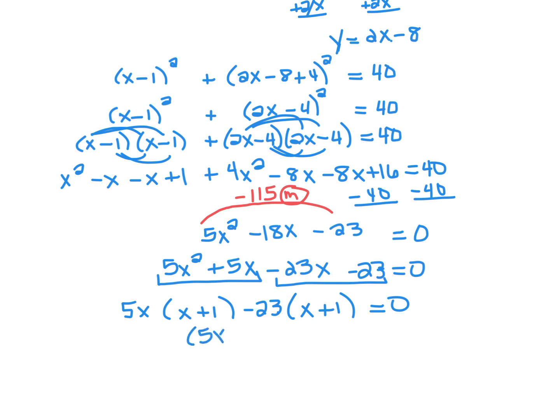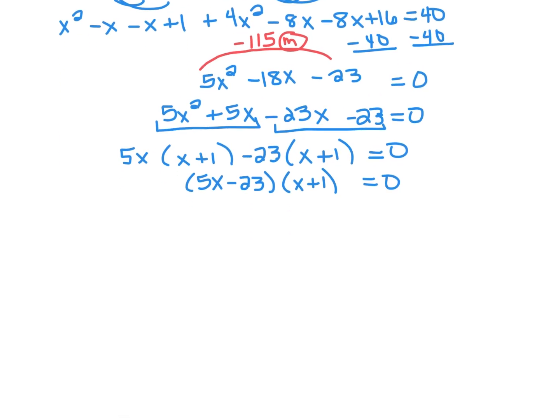So 5x minus 23. And then we're going to rewrite the x plus 1 once as our other factor. All right, so when we solve, we wind up with x equals positive of what's here over what's in front of the x. So positive 23 over 5.